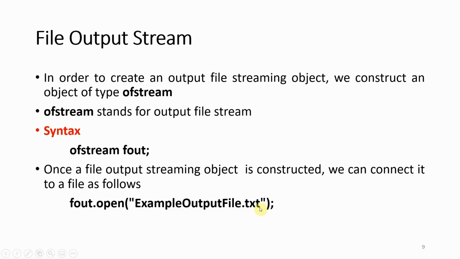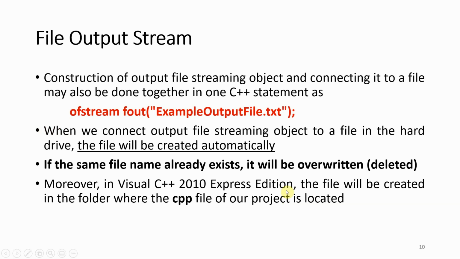Pay attention here. Now that we use ofstream, you don't need to provide that ios::out anymore. Okay, if you're using ofstream, we know that we want to write onto that file, so it's not needed to provide that ios::out.